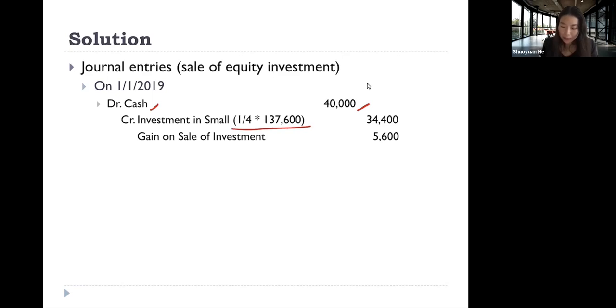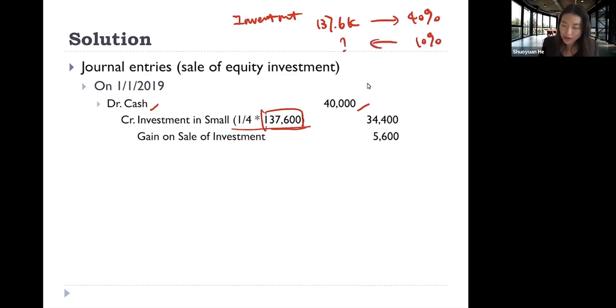We just talked about the ending balance for the investment account. So the investment account before the sale has a balance of 137.6 thousand, and this corresponds to 40% ownership in Small. Now we need to sell 10% ownership in Small. So the question is, how much is this?